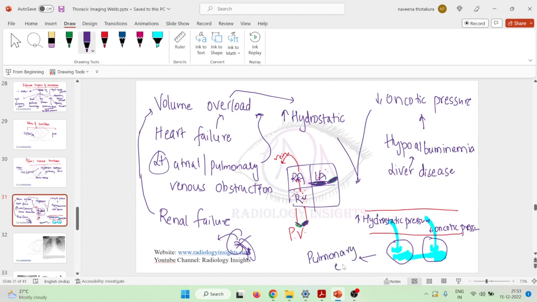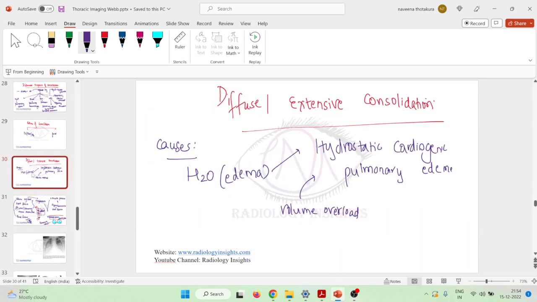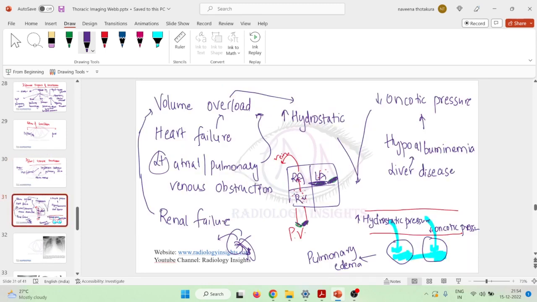When this pulmonary edema occurs due to cardiogenic causes like volume overload and heart failure, we call it cardiogenic pulmonary edema. So this is one of the causes for diffuse or extensive consolidation.